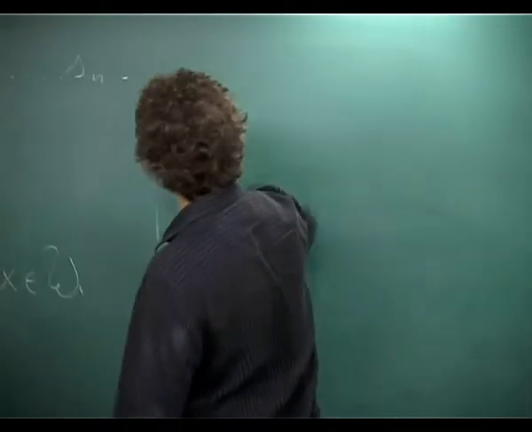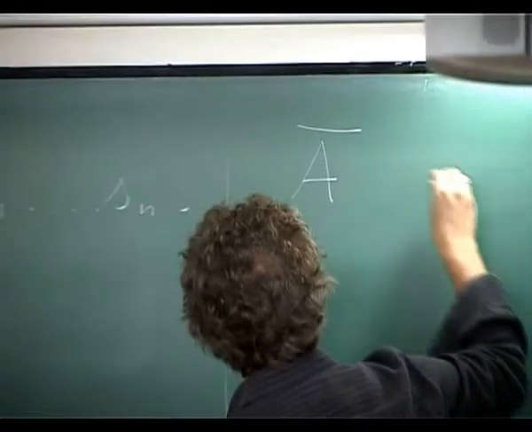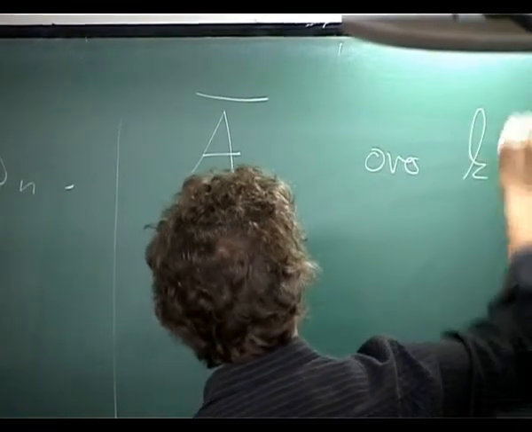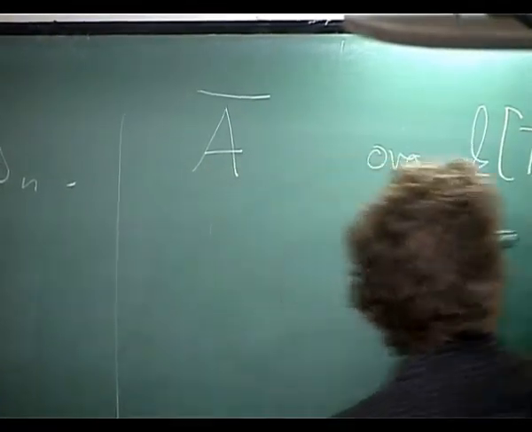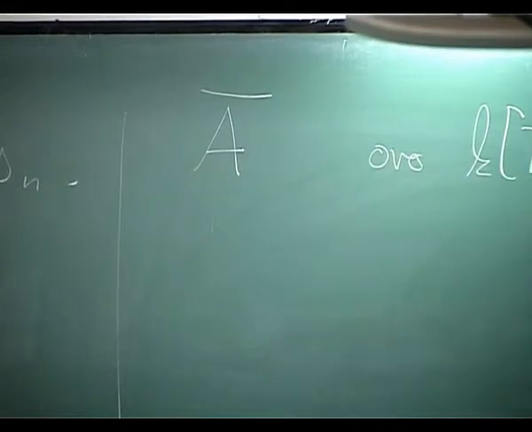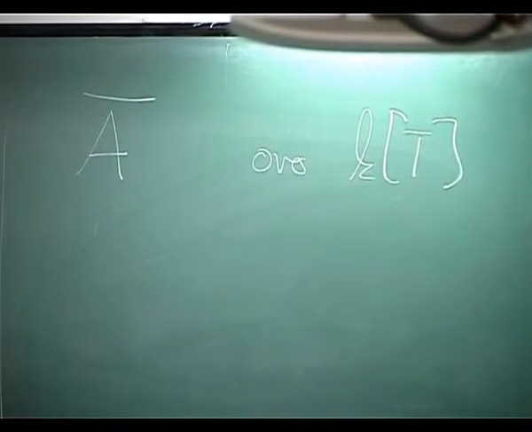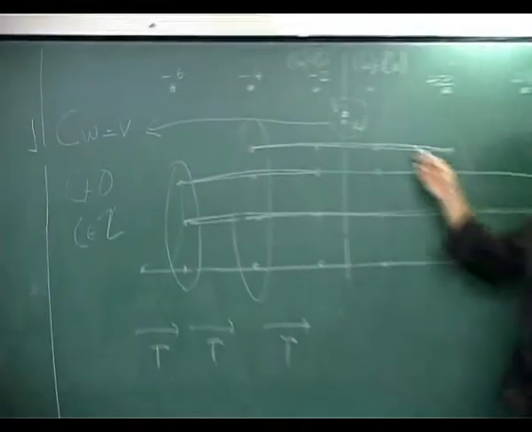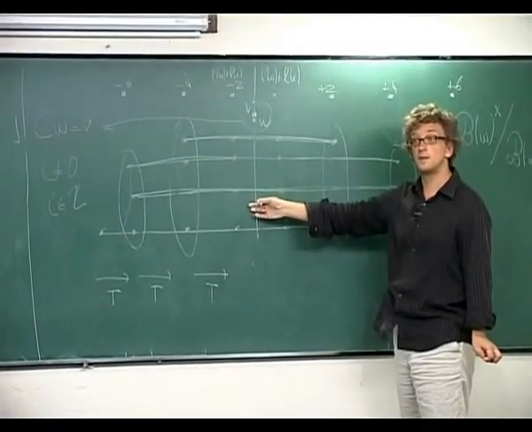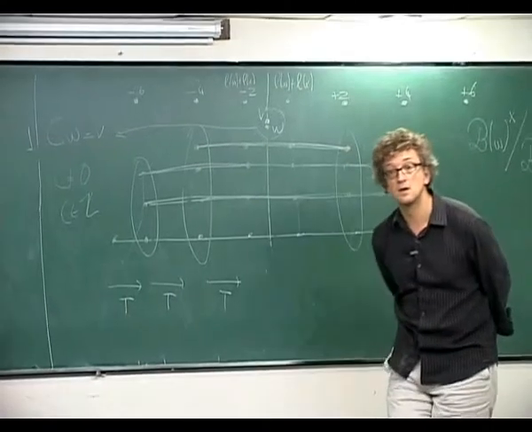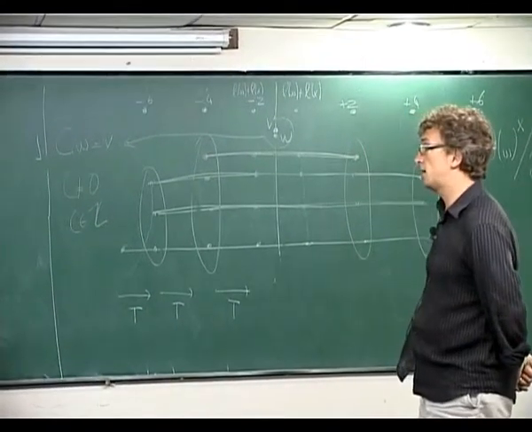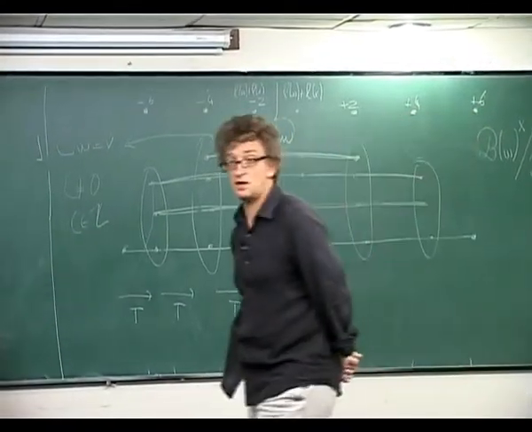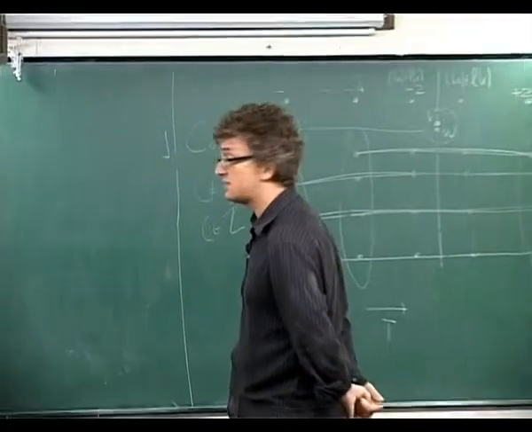Then you consider this matrix A over a polynomial ring in one variable. And from this matrix you can read off the Lefschetz pattern. This entries are integers.